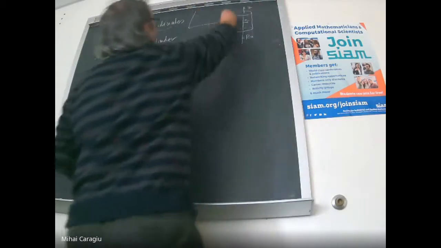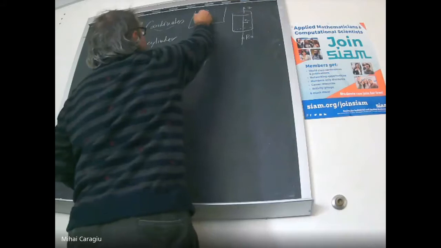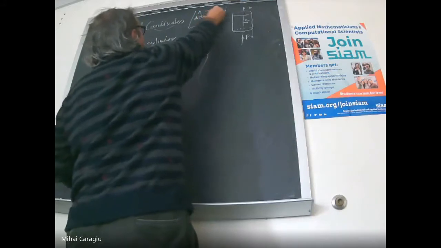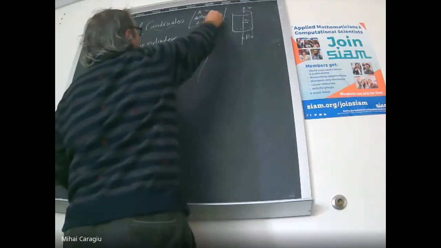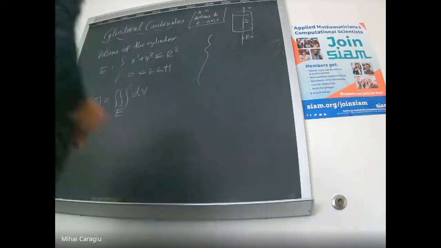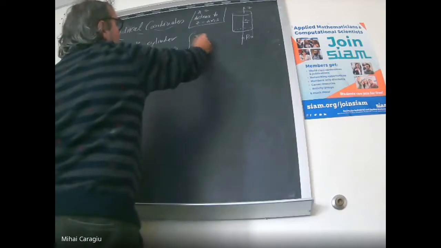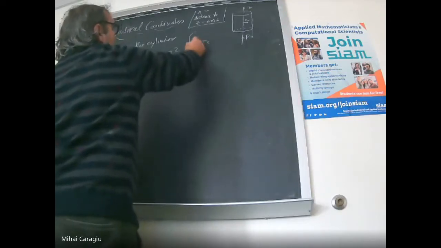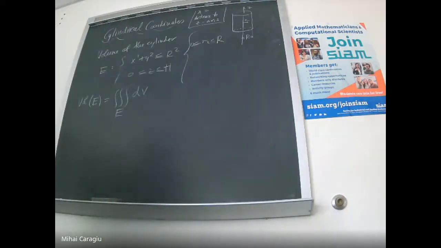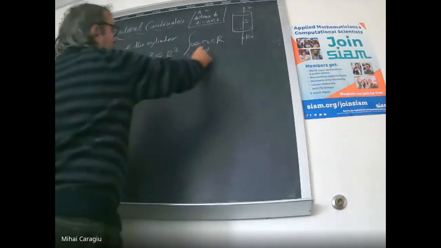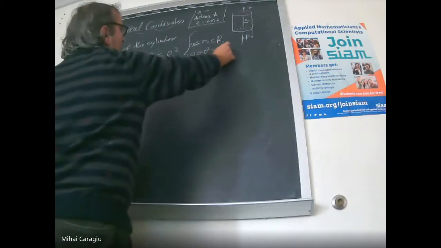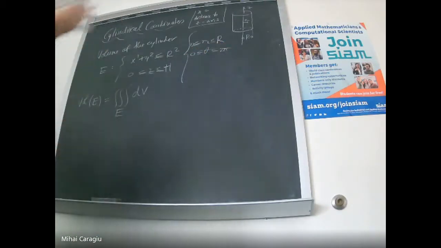Again, very important: small r equals distance to the z-axis. So small r is between 0 and the radius of the cylinder, capital R. Theta is between 0 and 2 pi. Again, what's theta in this context? Theta is the rotational angle around the z-axis.